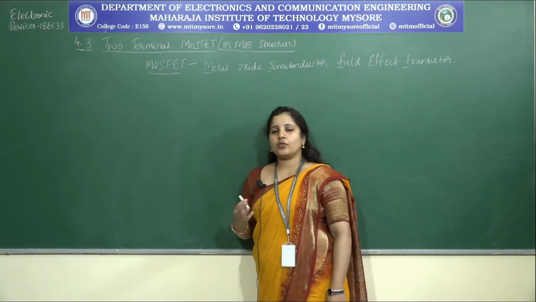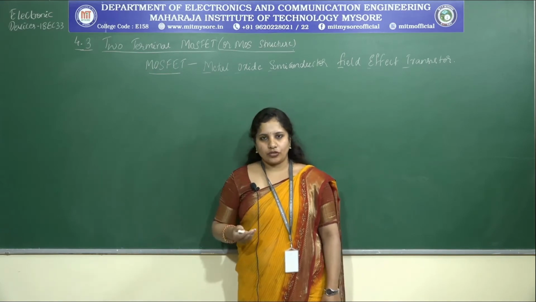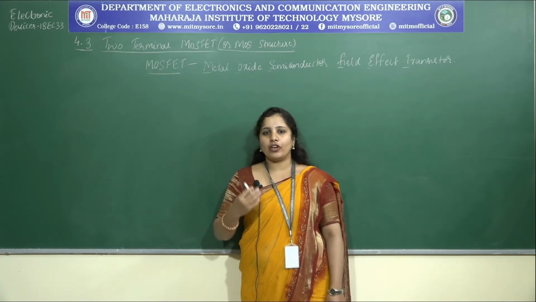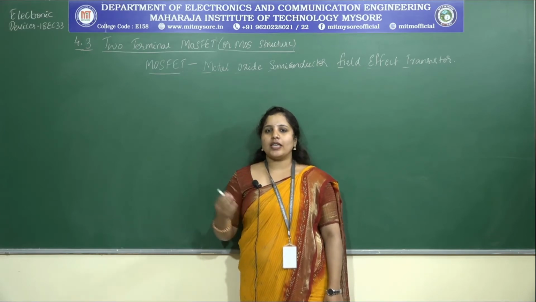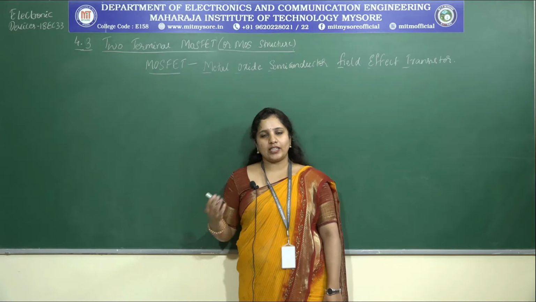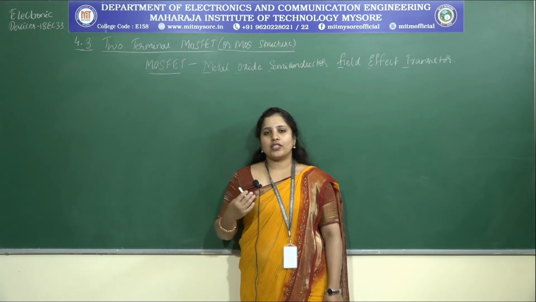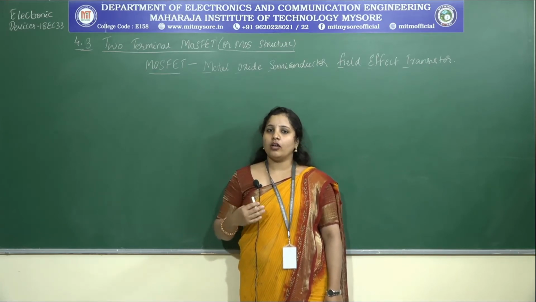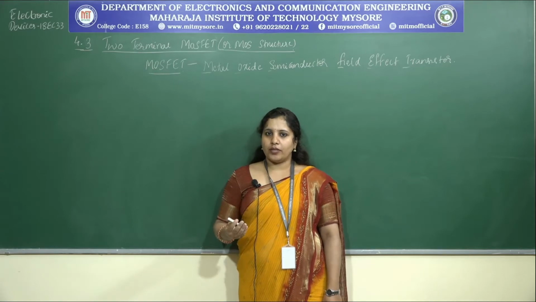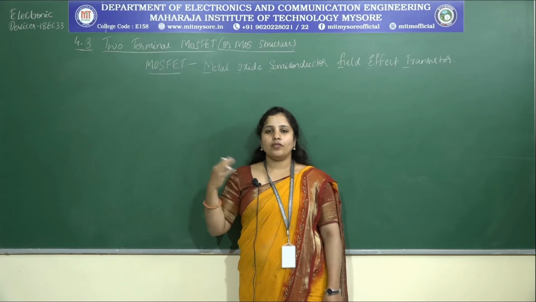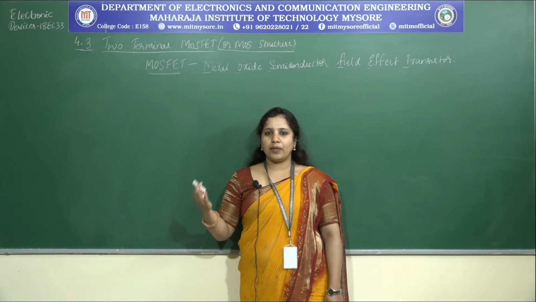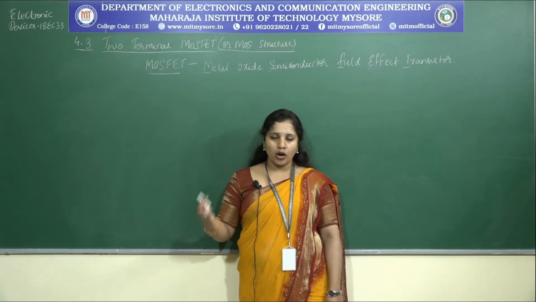What is this MOSFET? It's one of the categories of field effect transistors. We know why the name field effect transistor comes into the picture. That is because the transistor has something to do with the electric field being generated, because of which the charge carriers are drifted from one terminal to another, and therefore we refer to it as a field effect transistor. We understood the basic p-n junction field effect transistor and how it works.